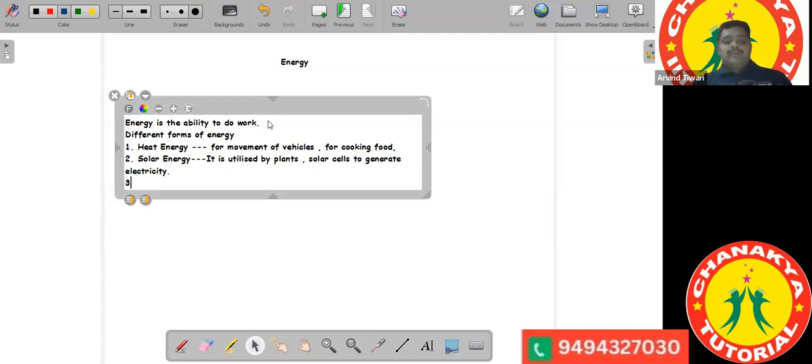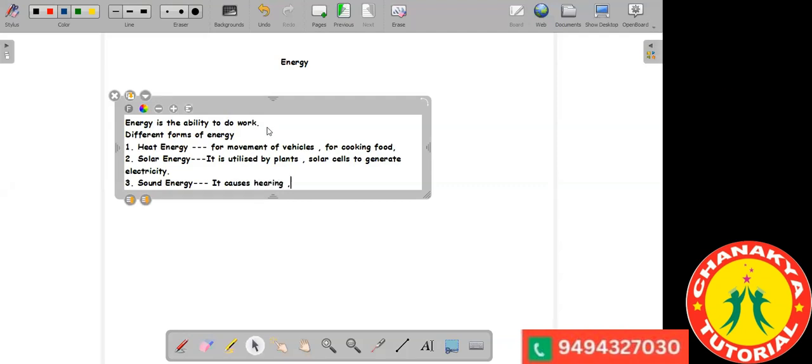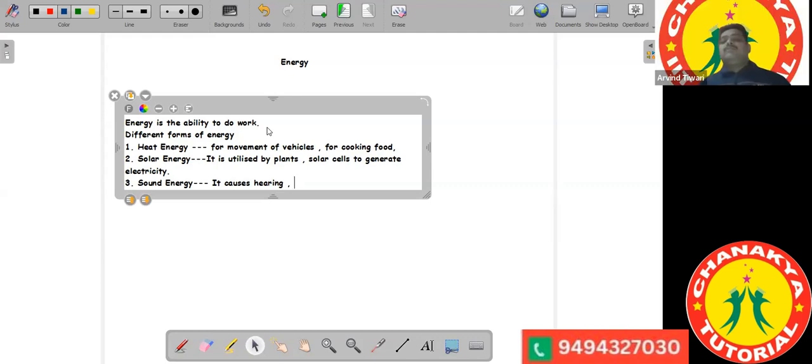We also have another form, that's sound energy. Can you tell any applications of sound energy? Can anyone tell any applications of sound energy? First of all, it causes hearing.